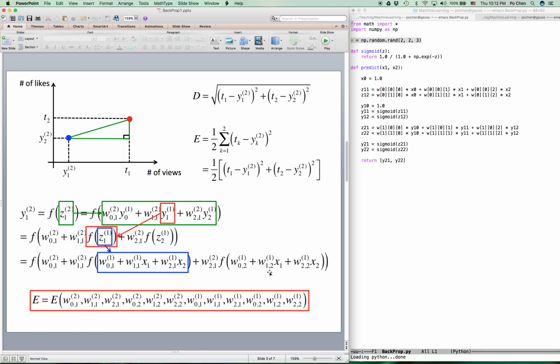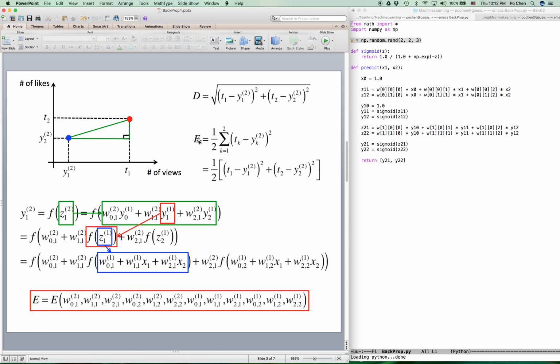If we do the same analysis for y22, we will also find that y22 is also a function of the 12 weights, the 12 w's, right? And because t1 and t2 are constants, they are fixed values also. So eventually, the error E is a function of the 12 weights, right?